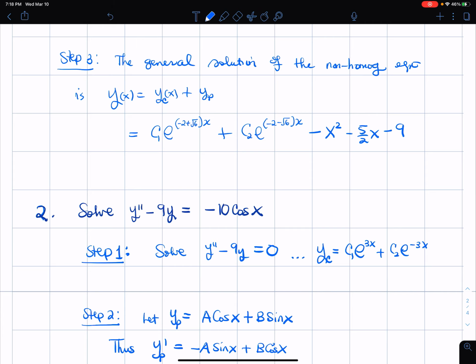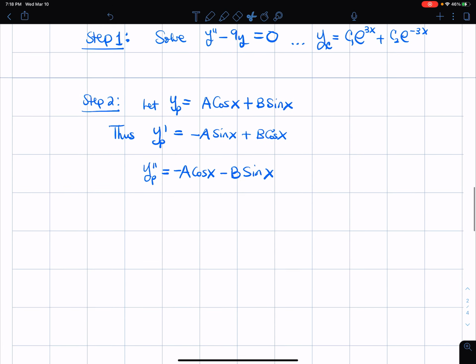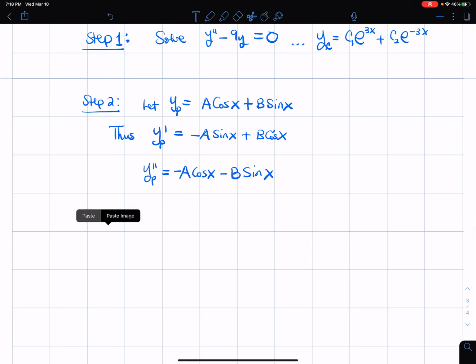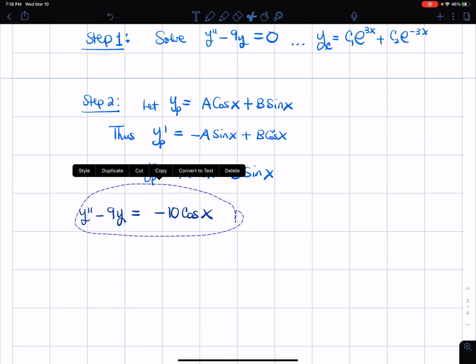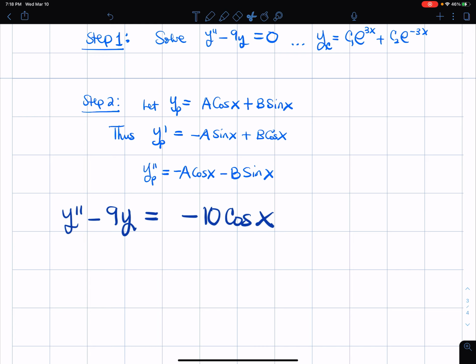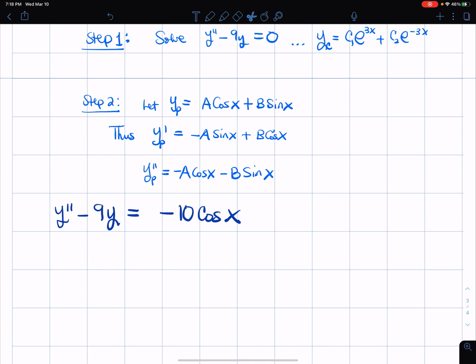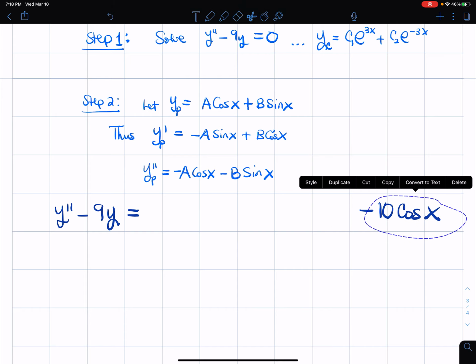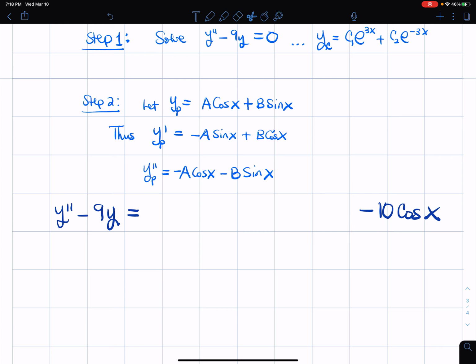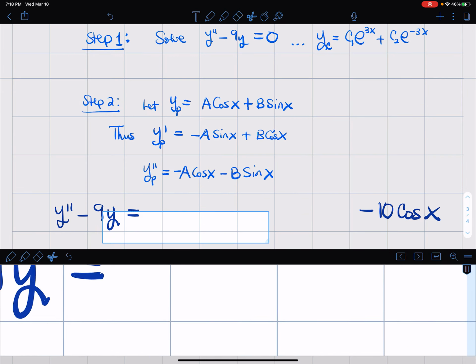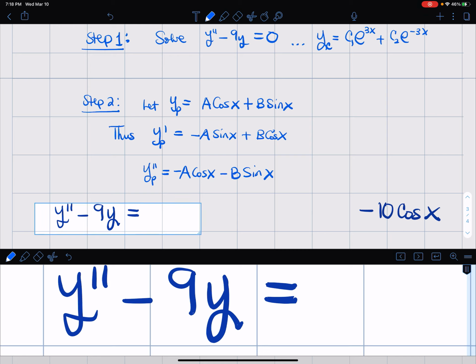Now we go back to our original equation, and we plug these things in there. The right hand side goes right here. We're going to do this for yp.